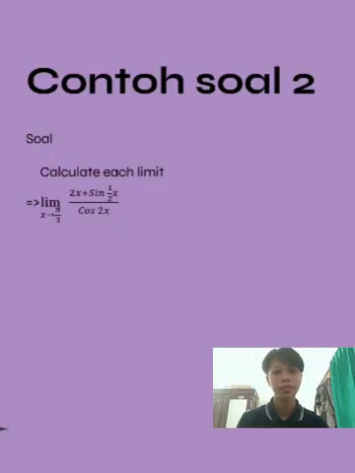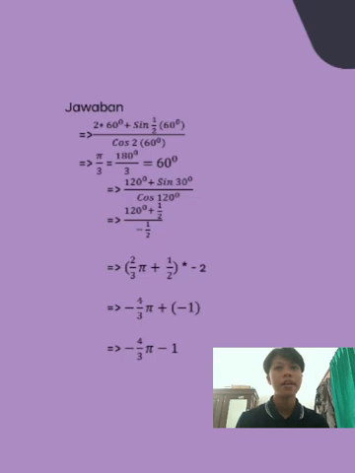The second question, from another source, is to calculate the limit as x approaches pi over 3 of 2x plus sin half x over cos 2x. The answer is 2 times 60 degrees plus sin half of 60 degrees over cos 2 times 60 degrees. How can we find 60 degrees? Pi over 3 equals 180 degrees over 3, so it's 60.